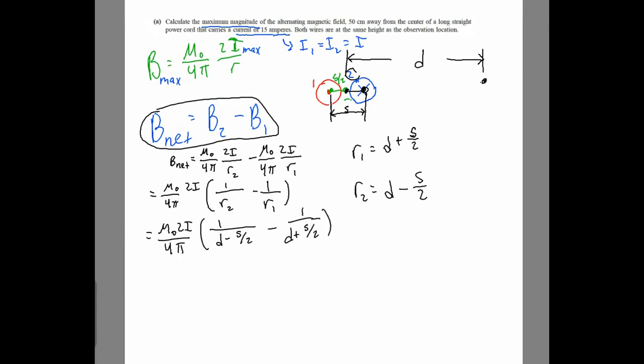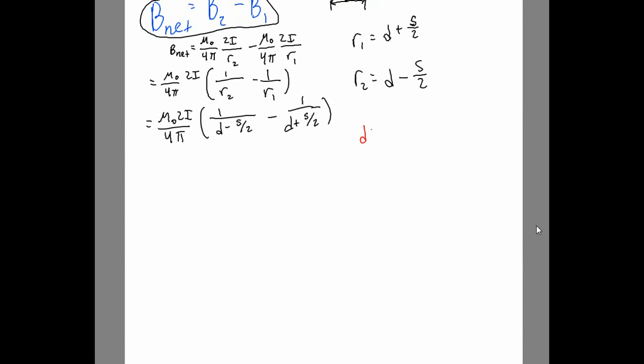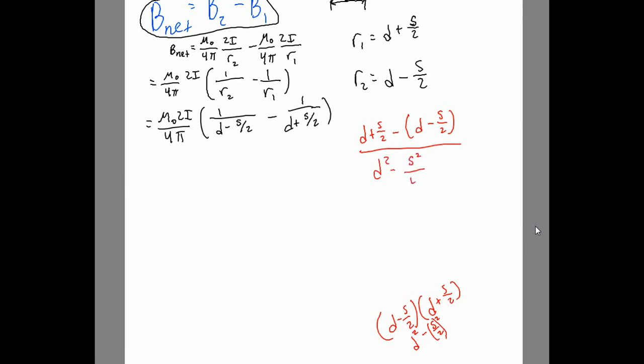So let's solve for the inside of the parentheses. D plus s divided by 2 minus d minus s divided by 2, over d squared minus s squared divided by 4.